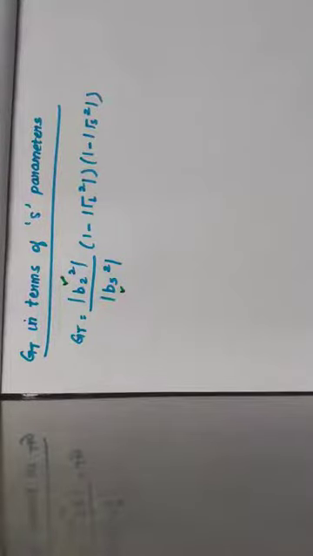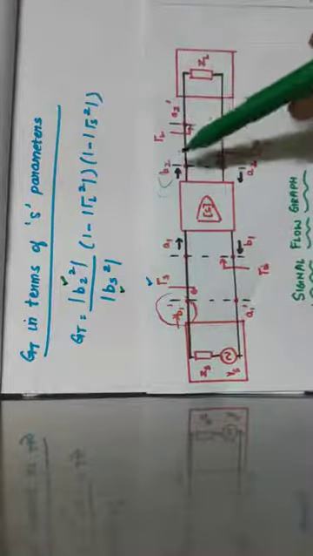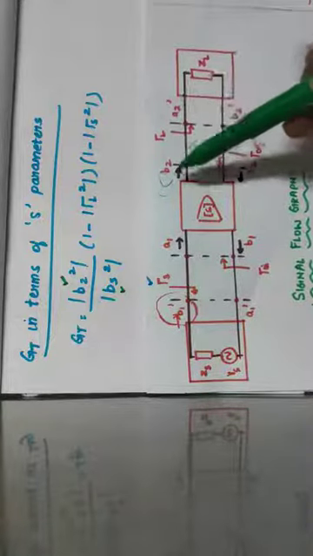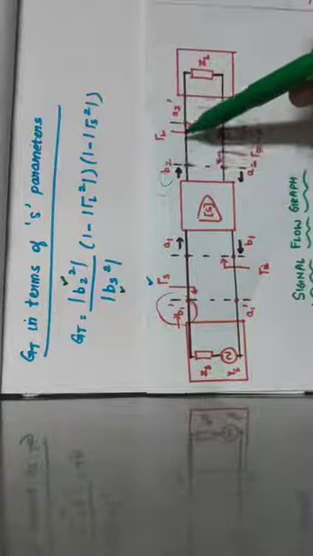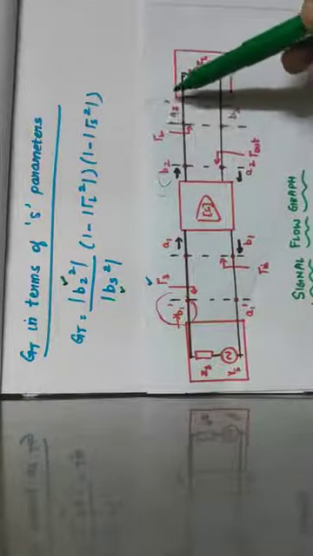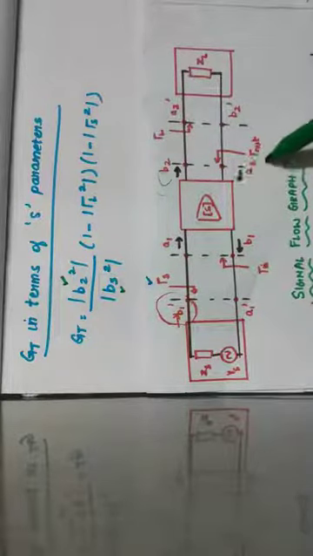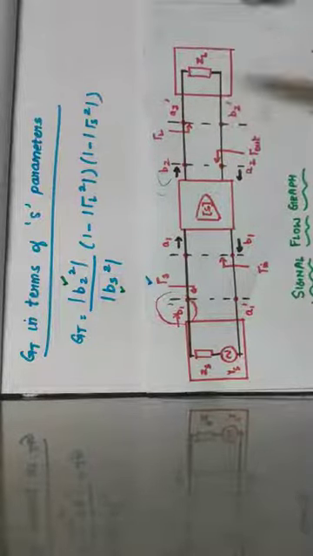Now referring to the block diagram, B2 is present at the output side. So if you see here, B2 is almost equal to the wave A2', and here A2 is equal to this B2'.